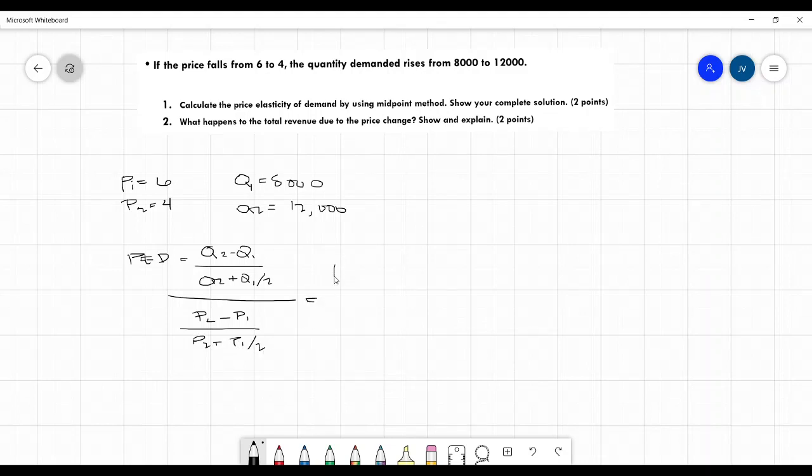So for Q, that's 12K minus 8K over Q2 plus Q1, 12 plus 8 is 20,000, divided by 2, so 10K.